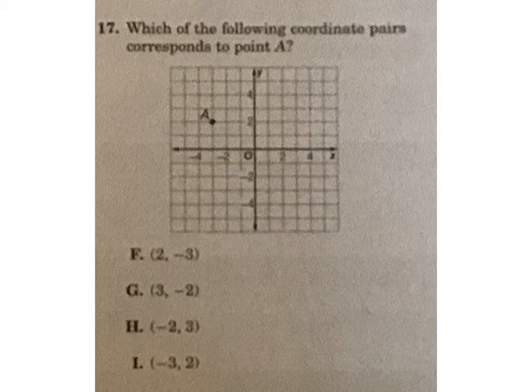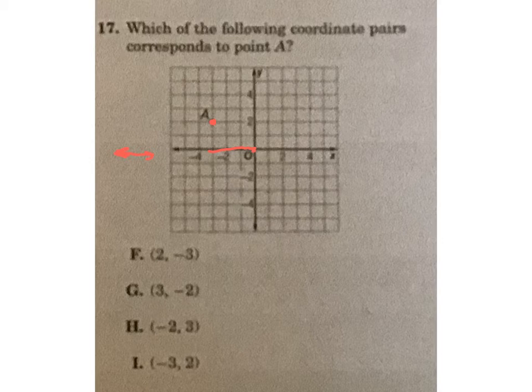Number 17. Let's see. Which of the following coordinate pairs correspond with A? So we're looking right here. Now, we know that you go this way first. You start at your origin and you go all the way here.